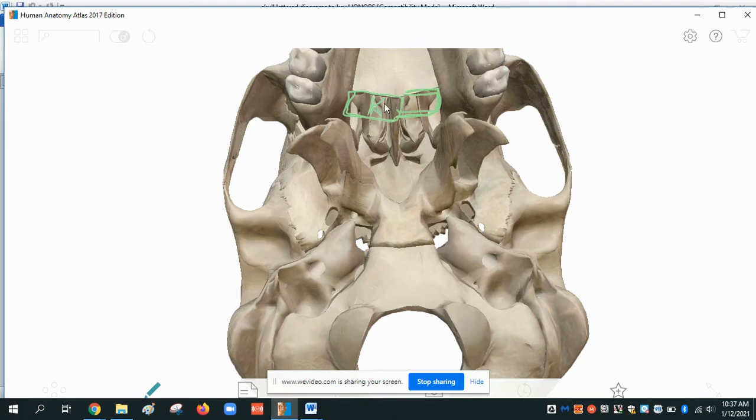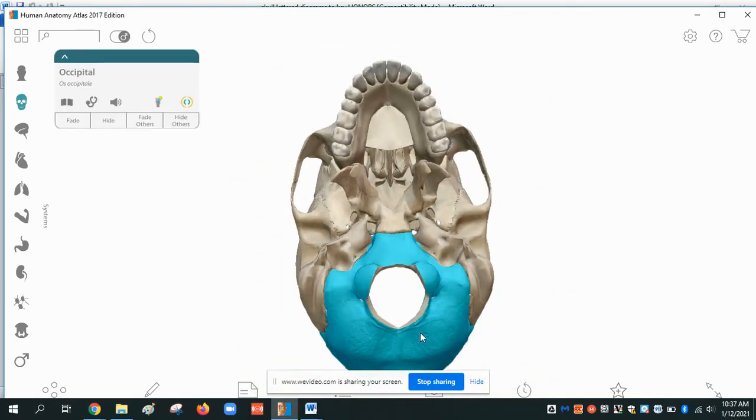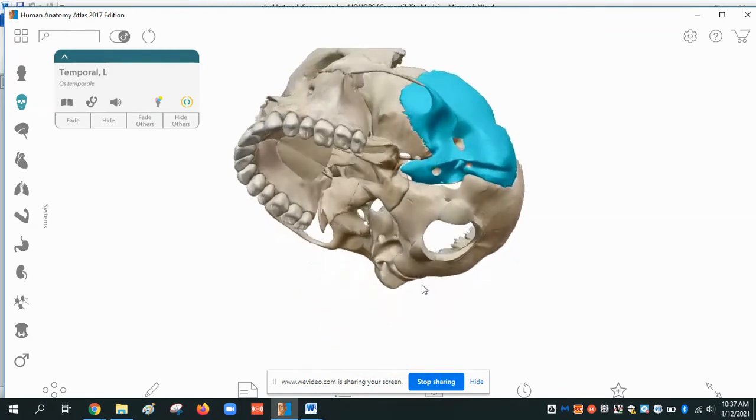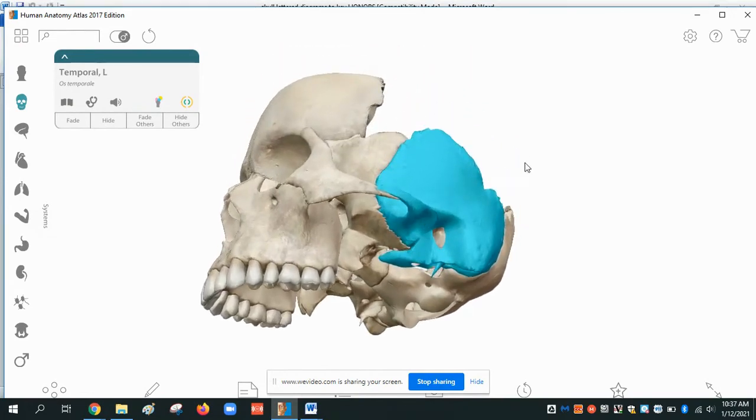And I think on your diagram they're letter K. Other than that, occipital, temporal, zygomatic, and in the middle we'll get some sphenoid and a tiny bit of vomer there. And then palatine, like I mentioned, will be here. This is temporal because, if I can twist it around, the parietal we can't really see because it's underneath.